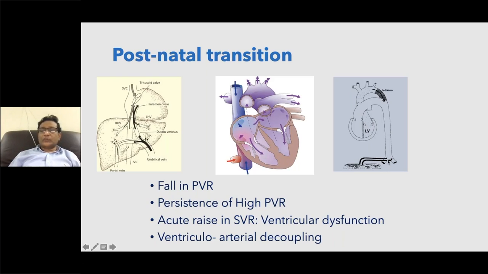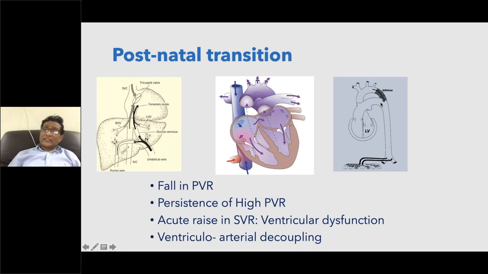Now they are exposed to the high resistance systemic vessels. So there is acute left ventricular to aortic decoupling. If there is any obstruction like interrupted aortic arch or coarctation, there will be tremendous pressure on the left ventricle, leading to ventricular dysfunction.